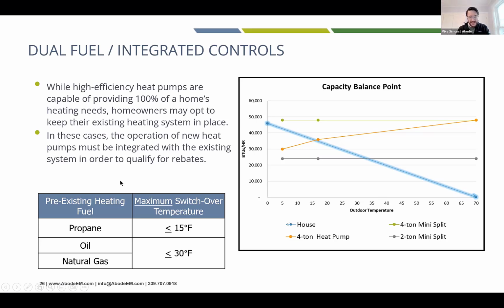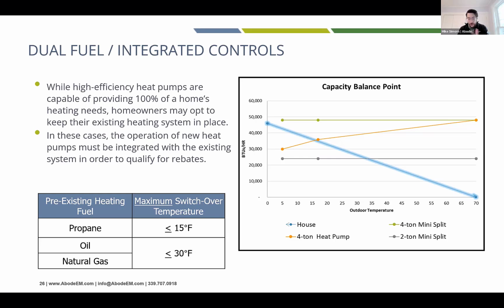Why I wanted to spend a moment highlighting that is if I go to ASHRAE's design temperature data for all of Massachusetts, 15 degrees is unbelievably close to the vast majority of the state's design temperature.